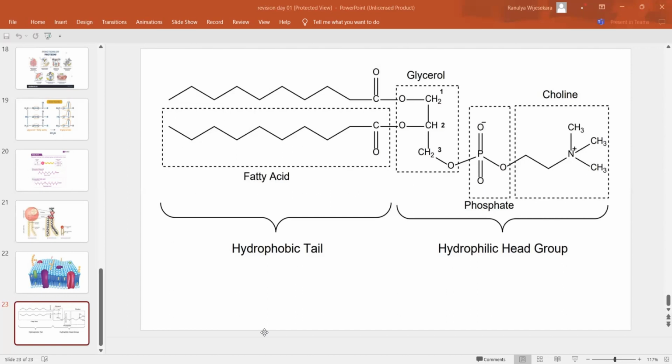Biologically important types of lipids. Next point. Fats, phospholipids and steroids. Cholesterol is a type of steroid, okay?